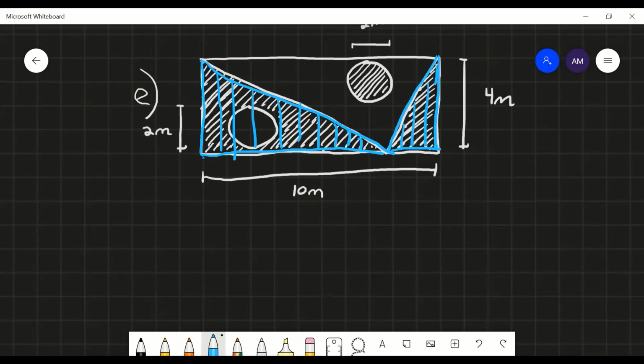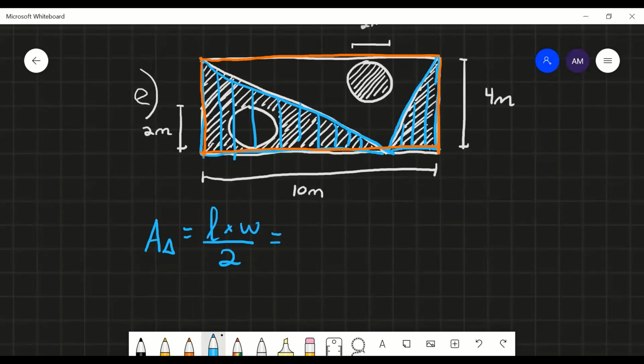Well, if we know the rectangle that it's forming, if we know the area of this rectangle, it would just be half of that area. So, in other words, the area of the triangle would be the length times the width divided by 2.